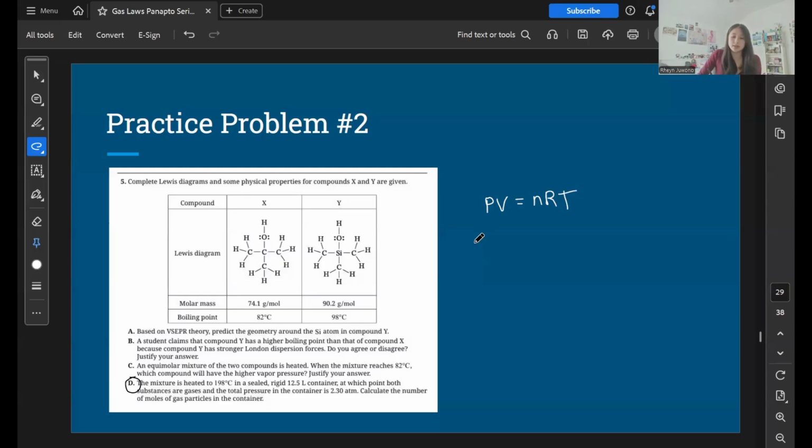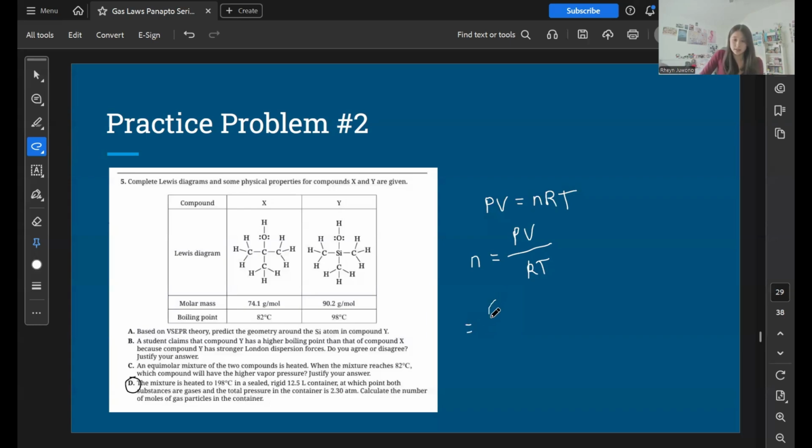You can either set it up by plugging in the values and then dividing, but another cool thing you can do is isolate n. So you divide everything by RT, and you should get n is equal to PV over RT, with n being the number of moles.